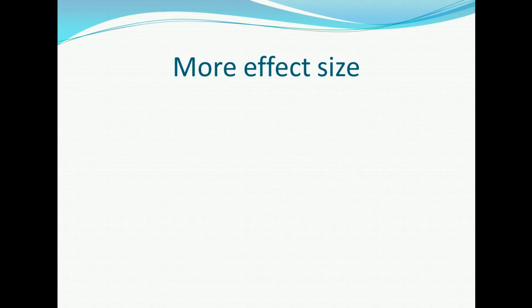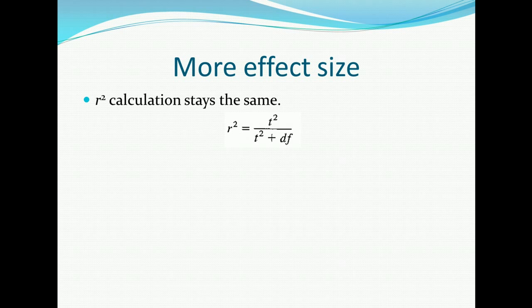So more on effect size. You can also calculate an R-squared using the t-test statistic value that you calculated, not the critical value from the chart. So t squared over t squared plus degrees of freedom.